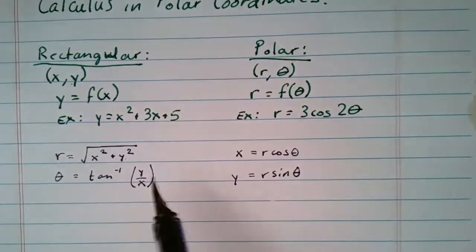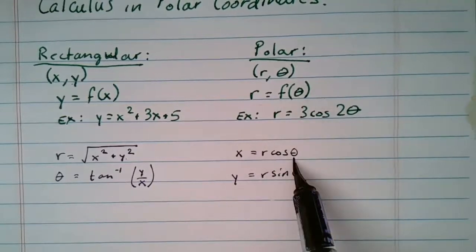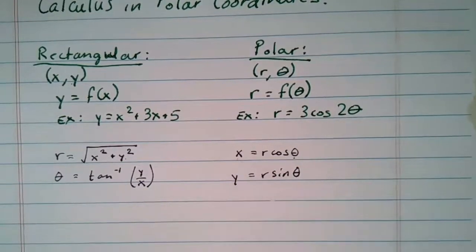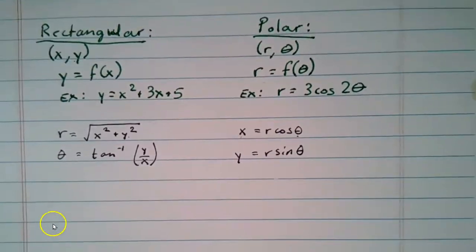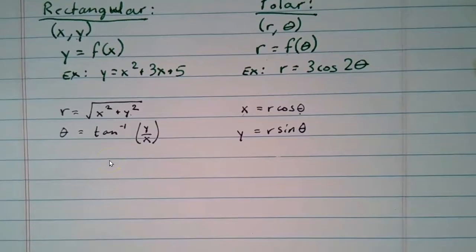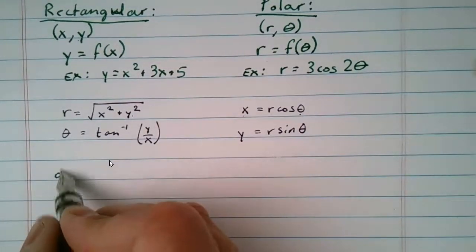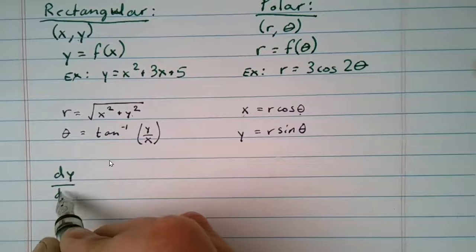And we'll use these four equations quite a bit. Given a polar coordinate r and theta, you can find x and y. Okay, so that's just a quick review of polar and rectangular coordinates. Now, real quick, folks, if you remember from parametric equations, let's talk about dy dx.